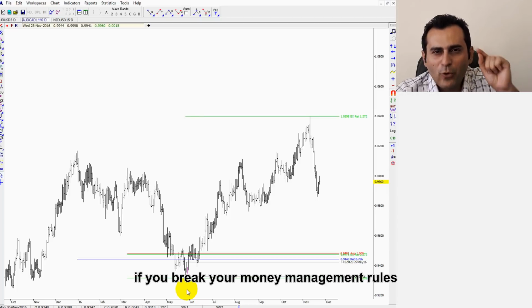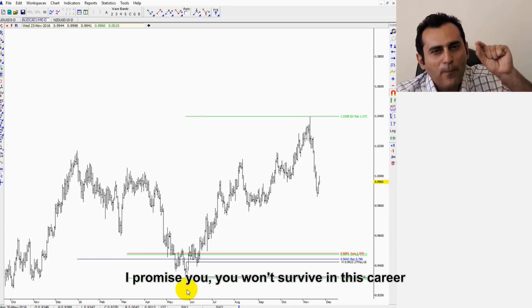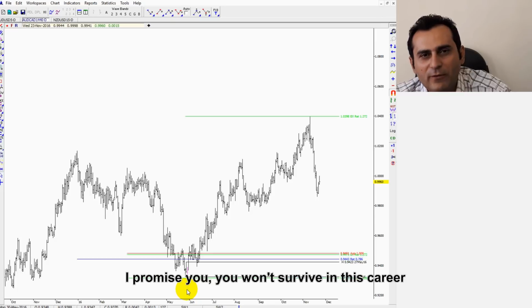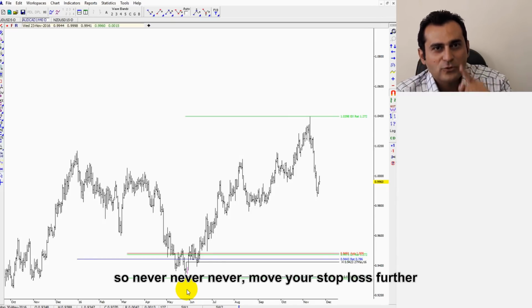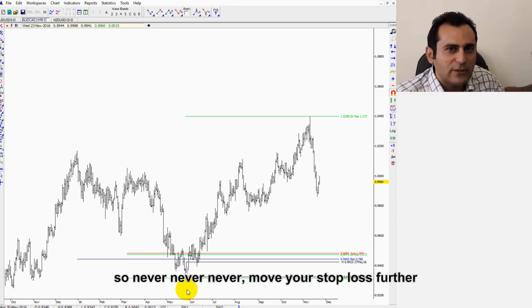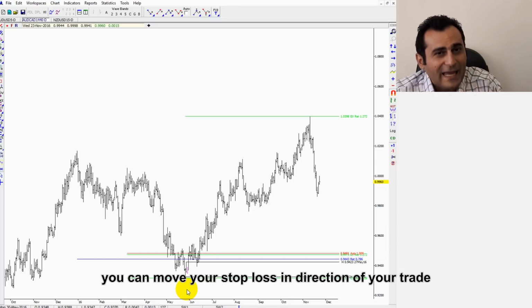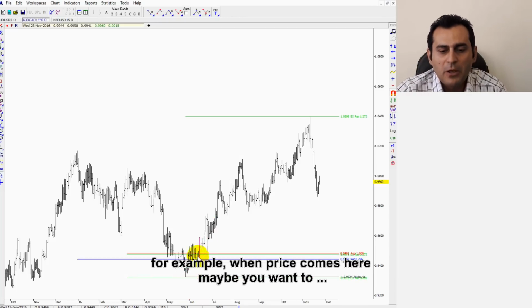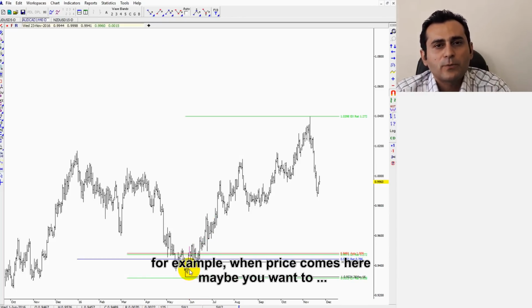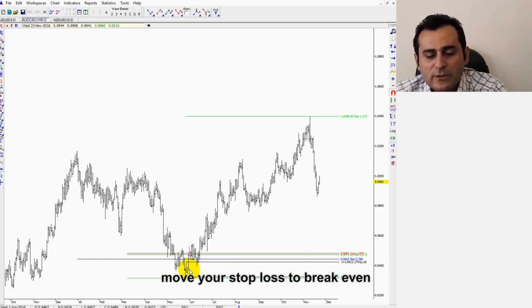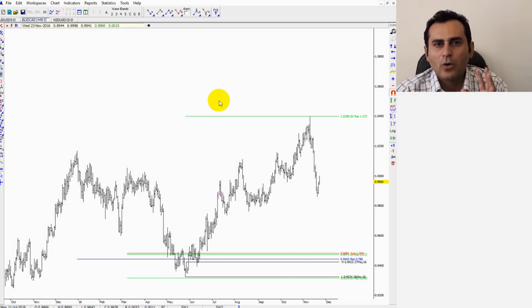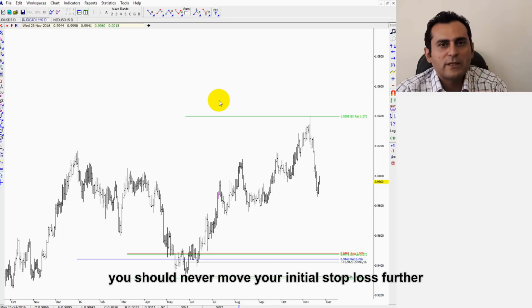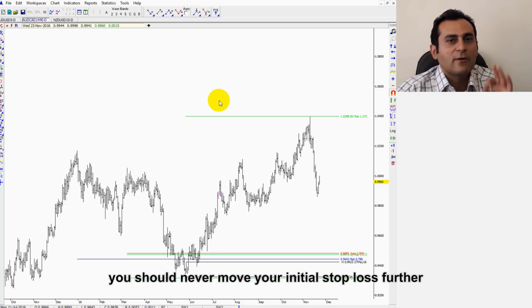And if you break your money management rules, I promise you, you won't survive in this career. So never move your stop loss further. You can move your stop loss in the direction of your trade. For example, when price comes here, maybe you want to move your stop loss to break even. But you should never move your stop loss further.